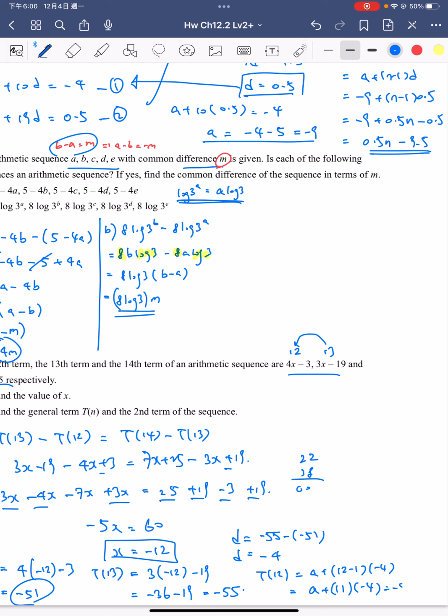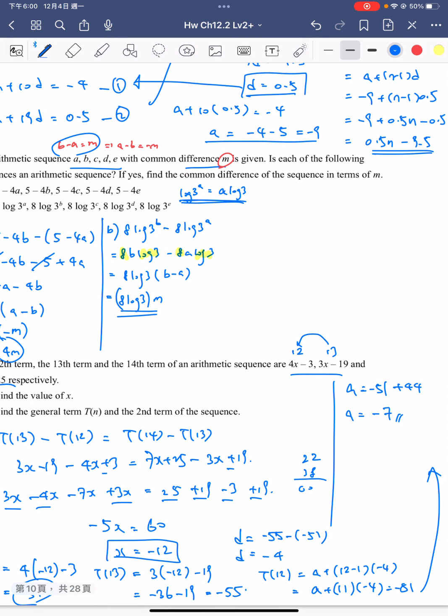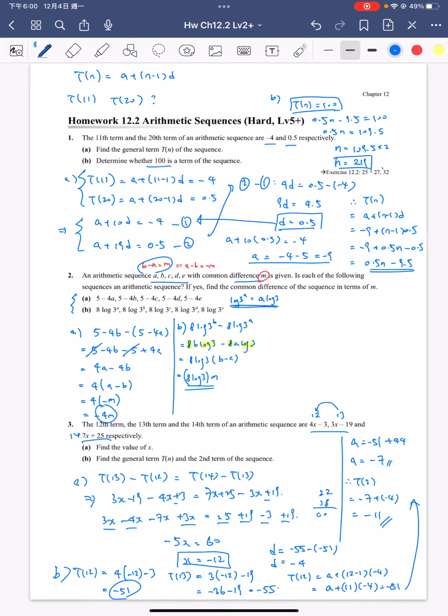Now we can say that A is just equal to negative 51 plus 44. So the first term is just equal to negative 7. Then we can say that T2 is equal to negative 7 plus the common difference, so plus negative 4, giving you the final answer equal to negative 11. Okay, so that's for question 3.